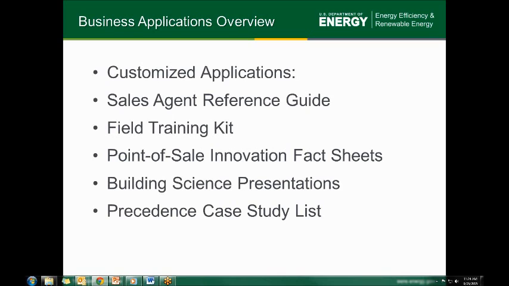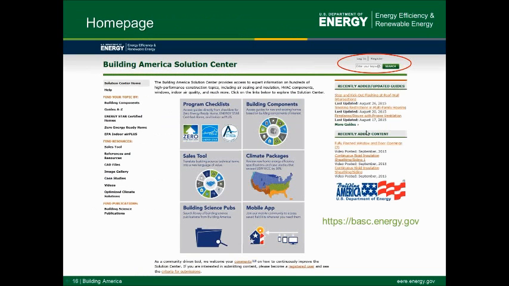I'll be going through how to create these point-of-sale innovation fact sheets that go back to the sales side of the tool. It talks specifically about the value propositions that Sam brought up earlier. I'll be going through how to download content for presentations and how to find case studies that can be used to show proven practices.